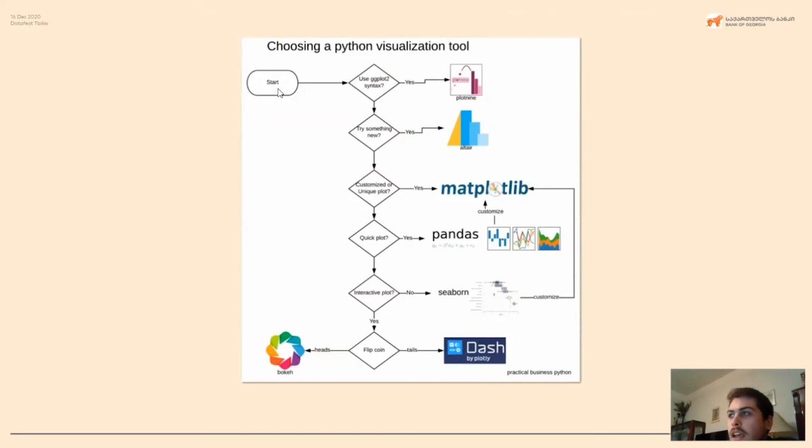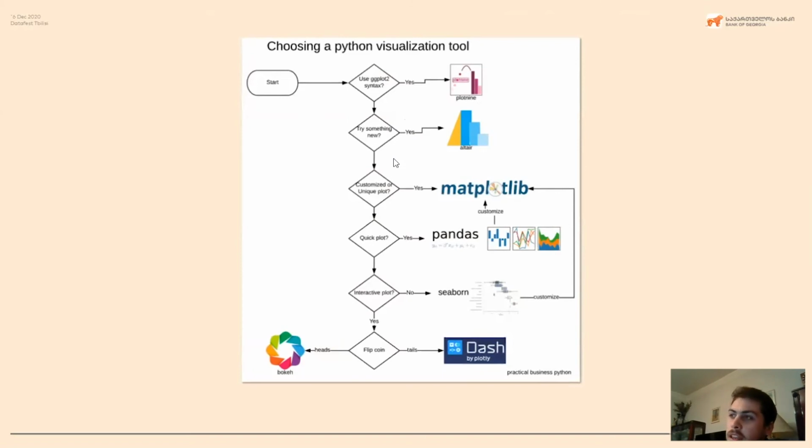We start from here and we ask ourselves, do we like ggplot2 syntax or not? And if yes, we choose plotnine. And if you want to try something new, we try Altair, and Altair is also created, I think, by Jake VanderPlas, whom I mentioned before.